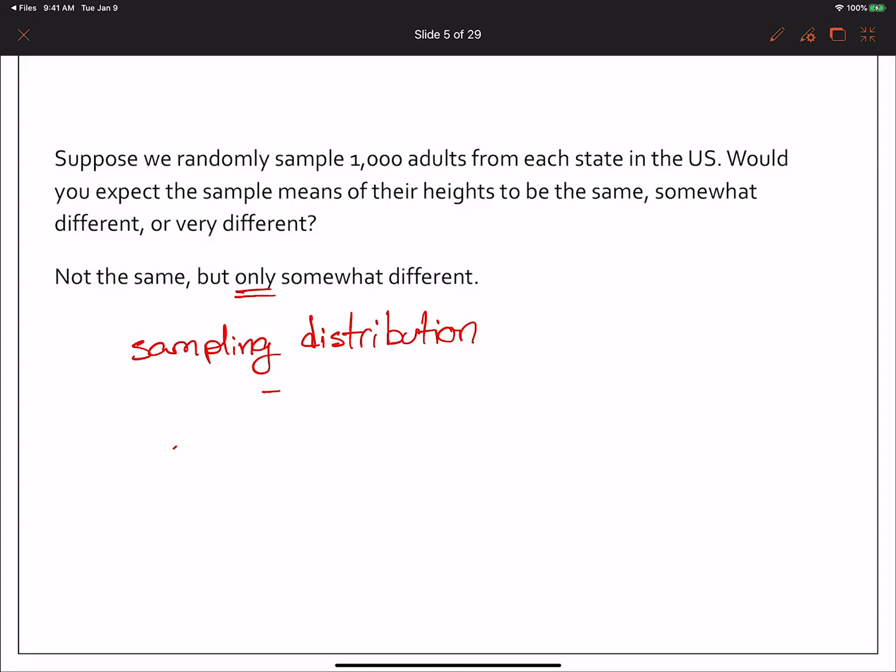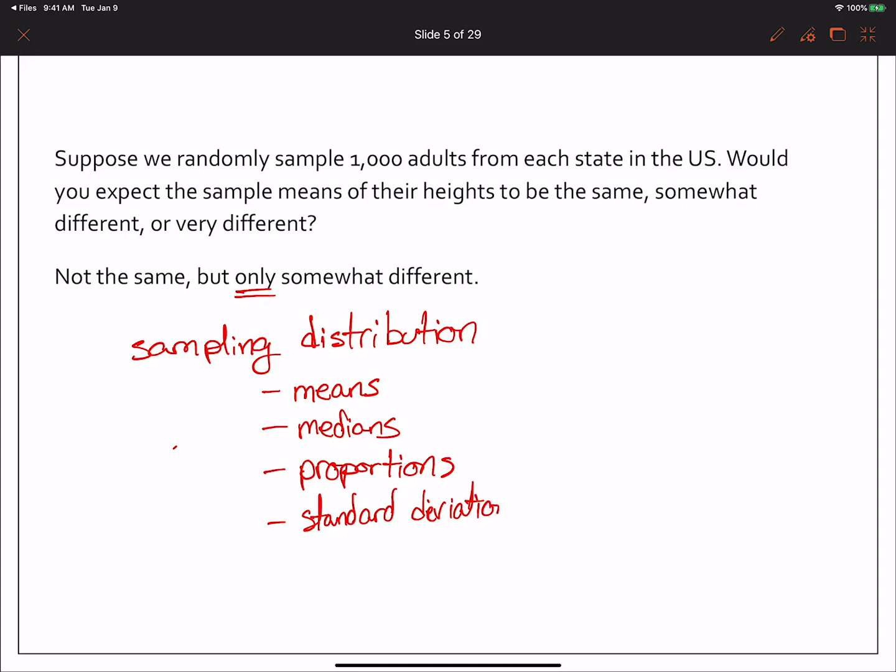So we may compare the means. We could even compare the medians. What else could we compare? We could compare proportions. The proportions might be like probabilities, similar to what we just did in the last assignment. We could compare the standard deviations. Excuse my spelling.